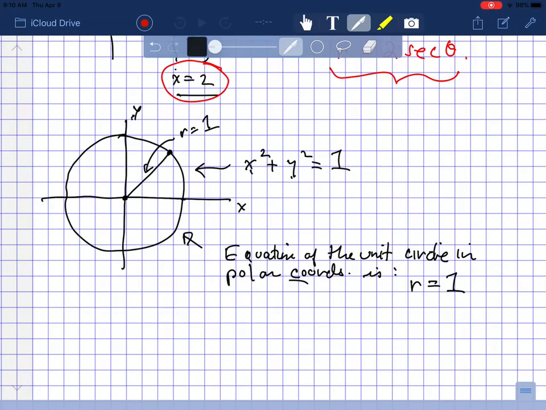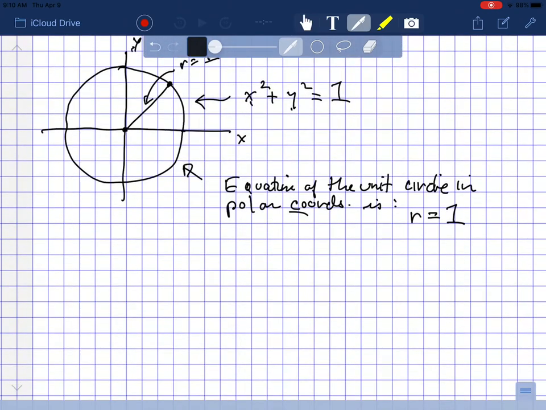So in some situations, it's going to be preferable to work with polar coordinates, and in other situations, it's going to be preferable to work with rectangular coordinates. This is something you have to decide depending on the problem that you're dealing with.